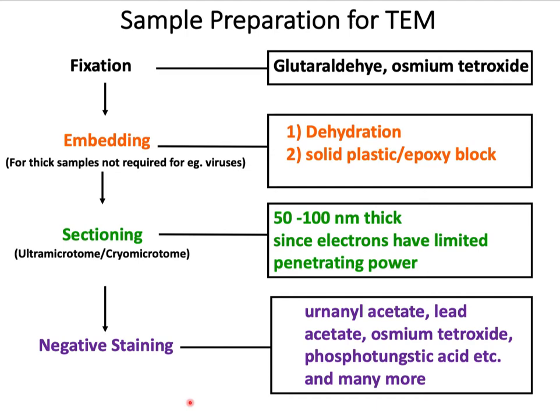You use the same 3 steps: fixation, embedding, and sectioning and staining. The fixation is carried out using cross-linking agents such as glutaraldehyde, as in light microscopy, but there is a second fixation compound that is often used for TEM, and it is osmium tetroxide.